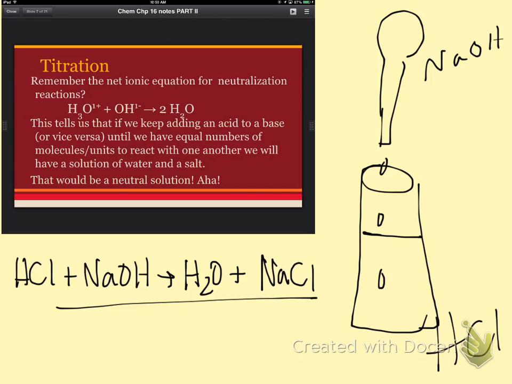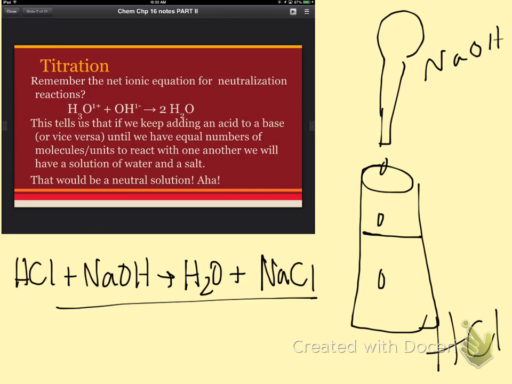So if I put in 1 mole of hydrochloric acid, 1 mole of hydrogen chloride, how many moles of sodium hydroxide could I neutralize? 1. If I put in 20 moles of hydrochloric acid, how many moles of sodium hydroxide could I neutralize? 20.